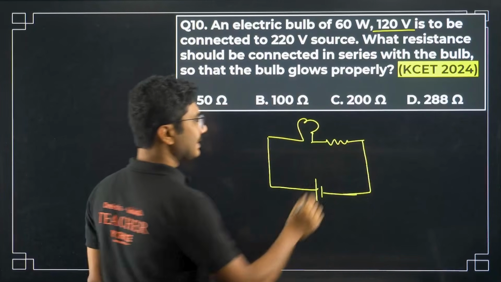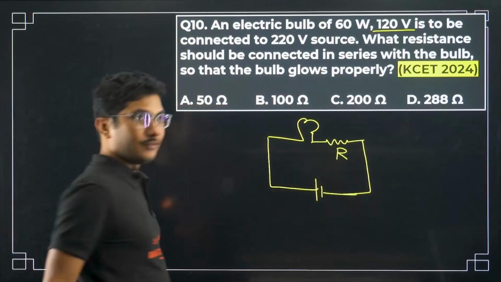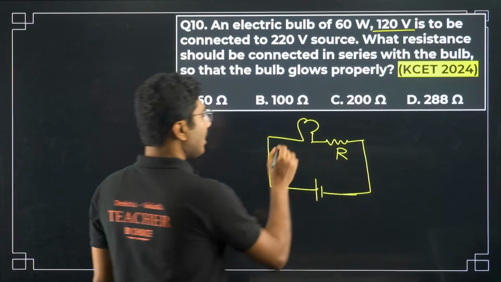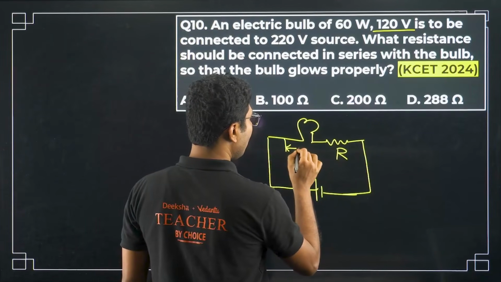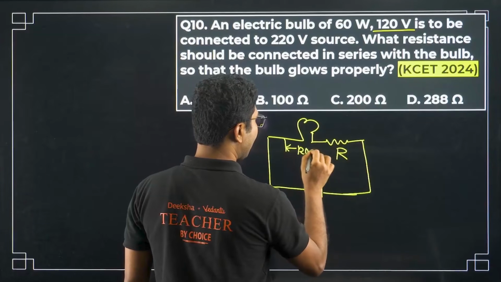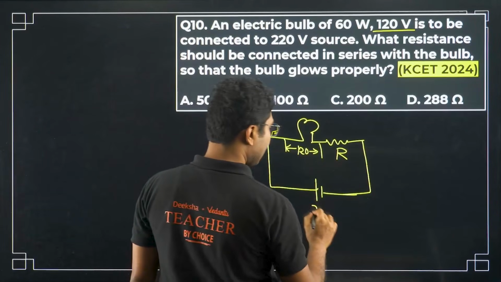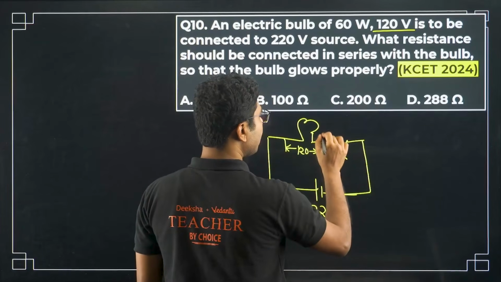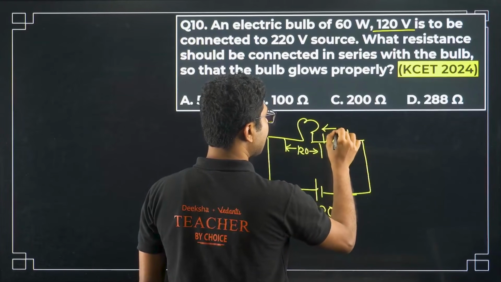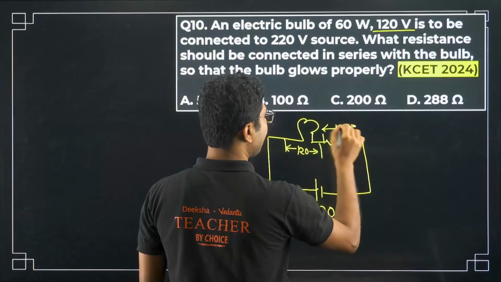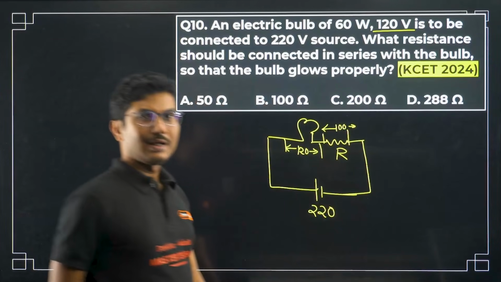Now if you connect a resistance, say R, and the bulb is glowing at full capacity, that means exactly 120 volt is across the bulb, right? And the supply is 220 volts, so the remaining 100 volt is across the resistance.